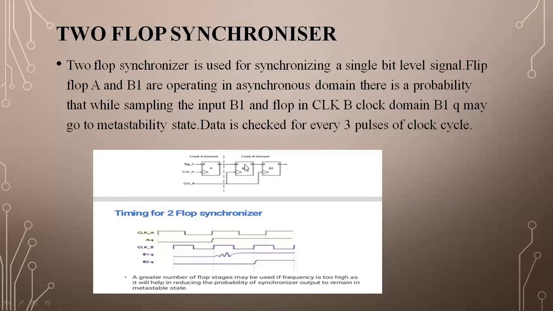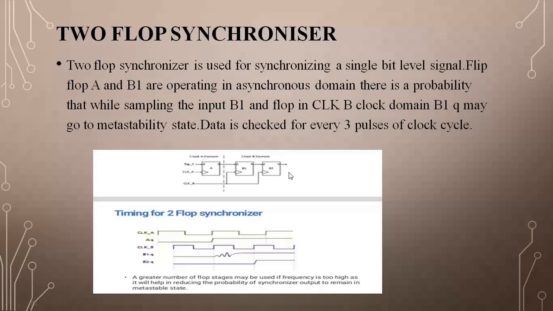In the other flop, we again get an output with a one clock pulse delay. That output is given as input to the third flop. When we give that input to the third flop, we get a perfect output without any metastability condition, with a two clock pulse delay.